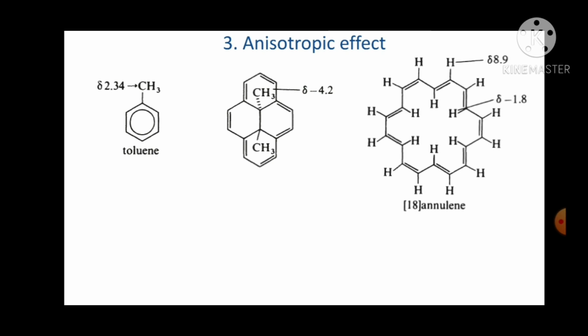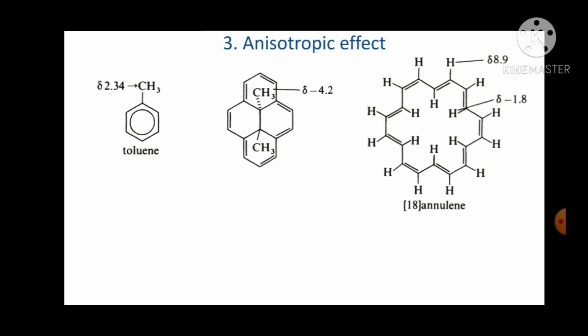In the case of aniline, which is a very classical example to understand the anisotropic effect, the 6 protons inside this ring structure are in the ring current zone, the diamagnetic zone, and appear at minus 1.8 delta value, whereas the peripheral protons are in the paramagnetic zone and appear at 8.9, very close to 9.